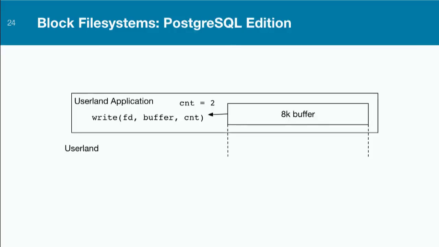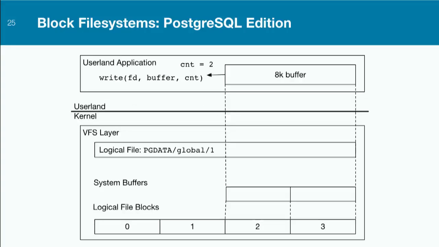Okay. So, if you have a write of count 2 8K buffer, what that actually means, in detail here, is that we want aligned boundaries. So we have an 8K buffer, and it chops that 8K buffer up into the logical blocks.